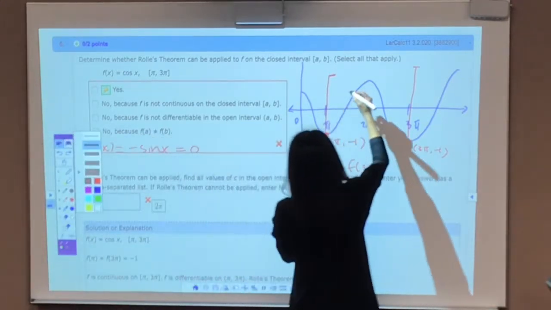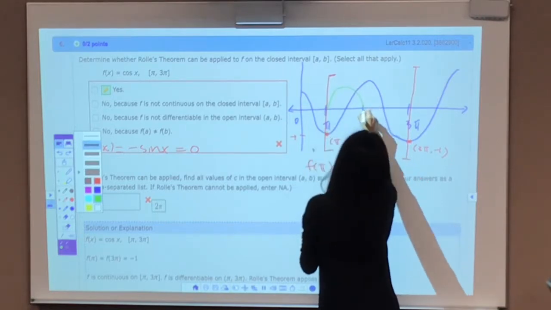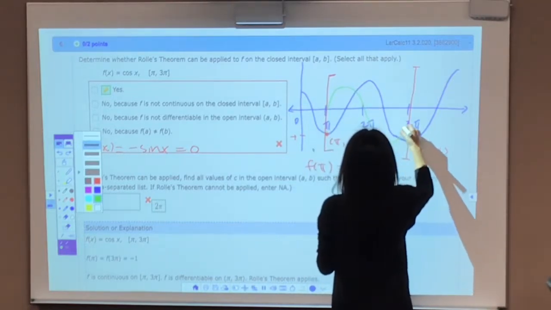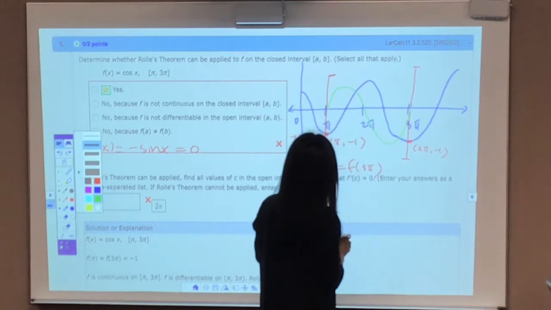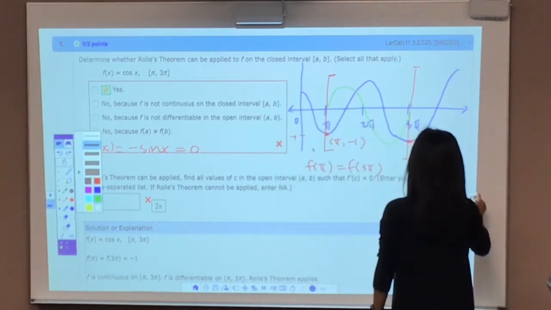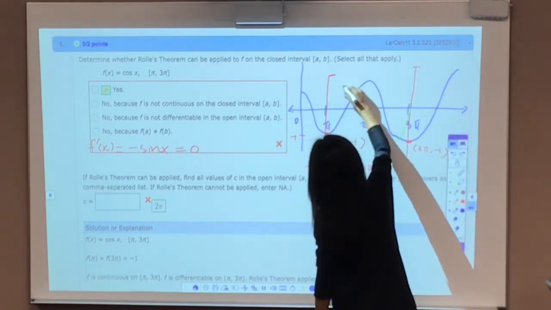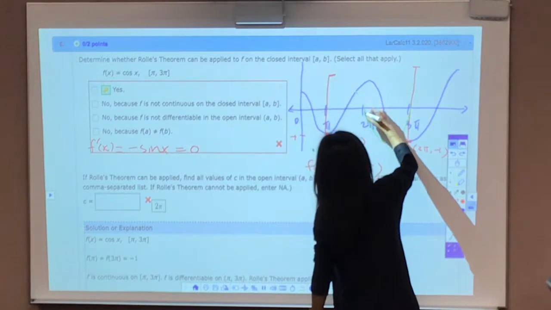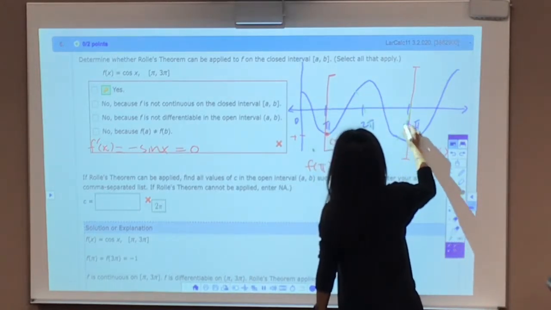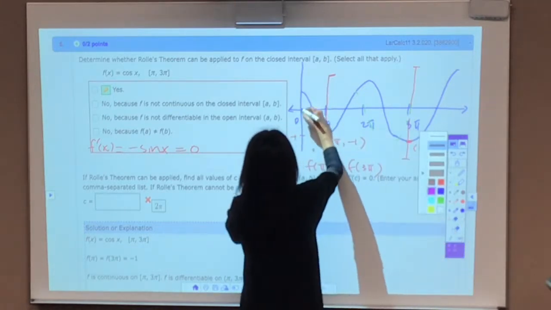The sine graph looks like what? Wait a minute. I drew it wrong. Everybody see that? I need to start at 0, but I started where? Pi. I made a mistake. Okay. So the graph that I want starts at 0.